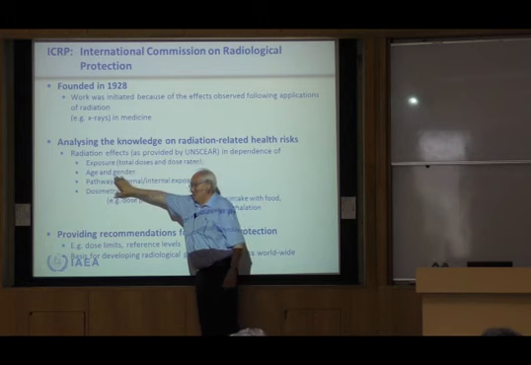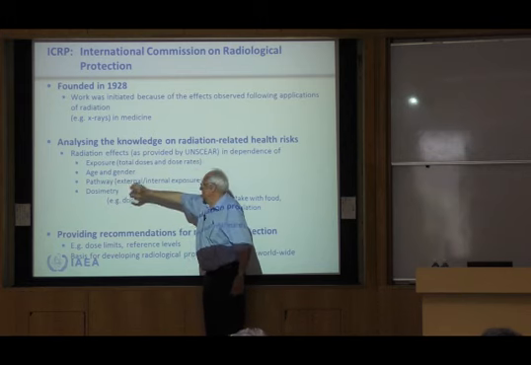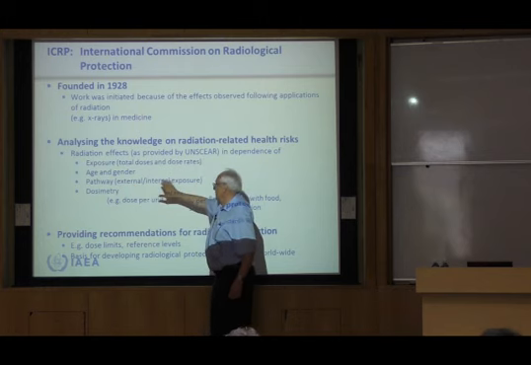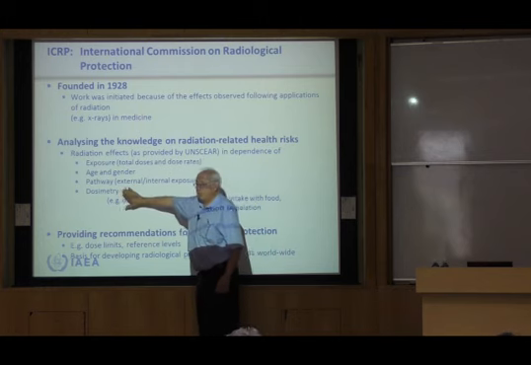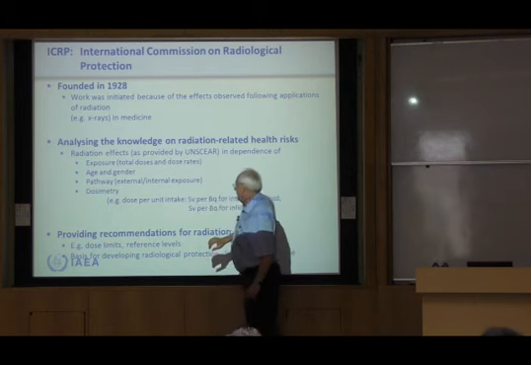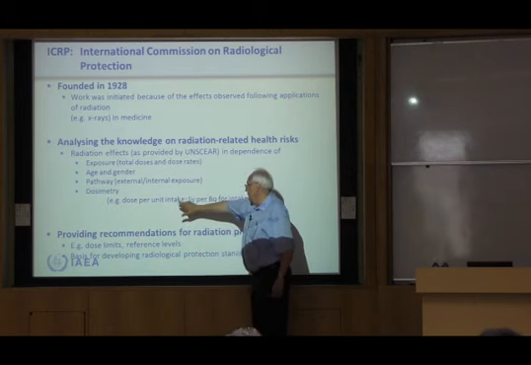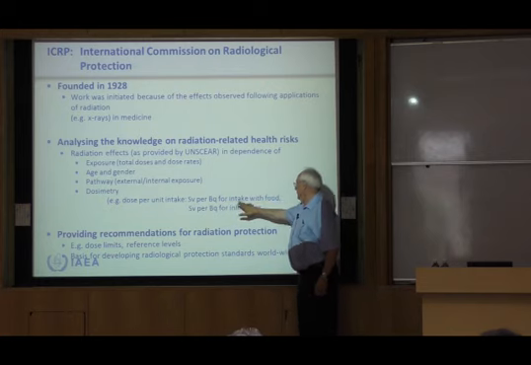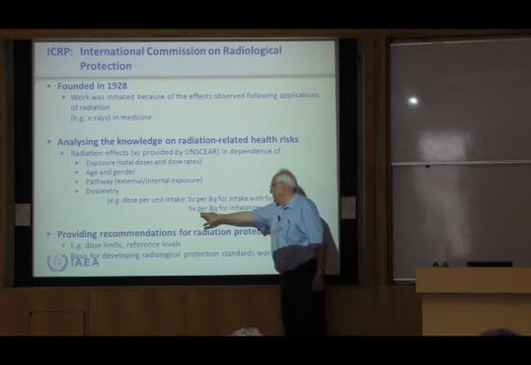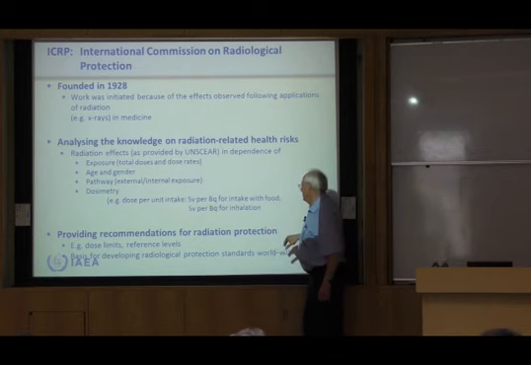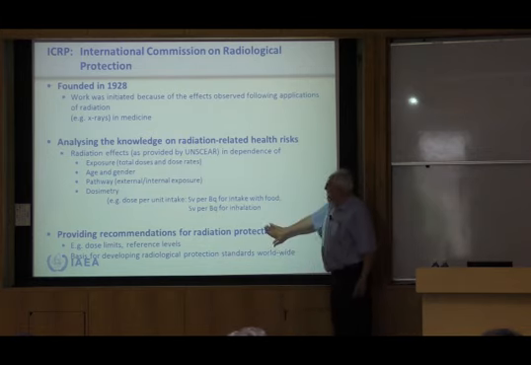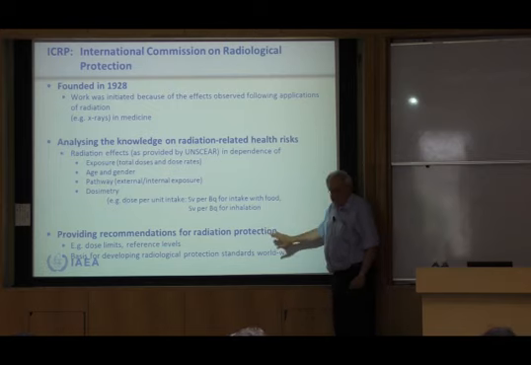Looking also at age and gender, pathway, whether it's external or internal, and looking for dosimetry. And it provides, for example, the dose per unit intake in sievert per becquerel for intake with food, or sievert per becquerel for intake with inhalation. And the ICRP provides then recommendations for radiation protection.